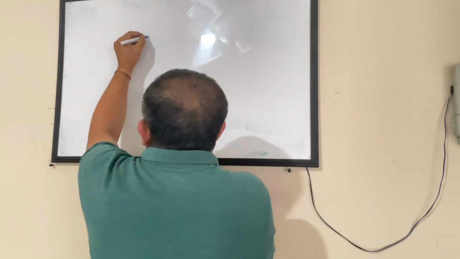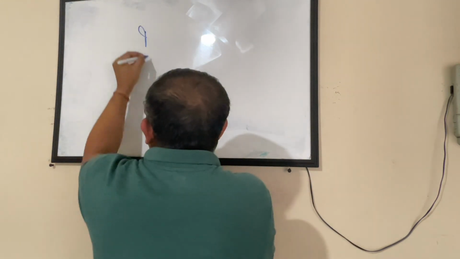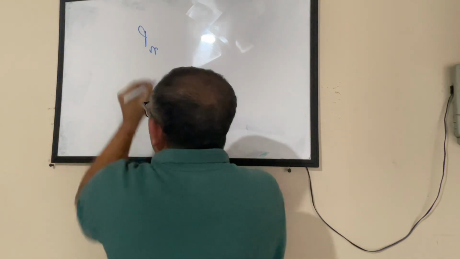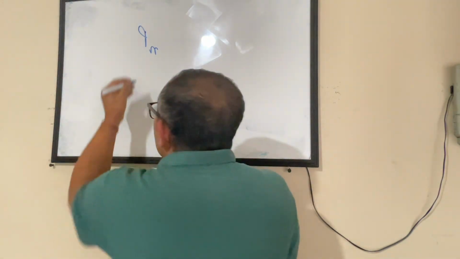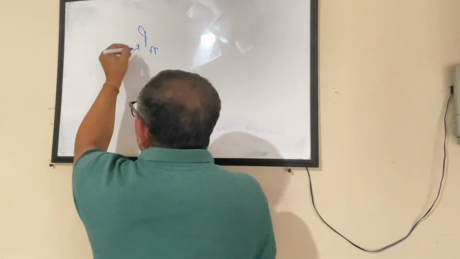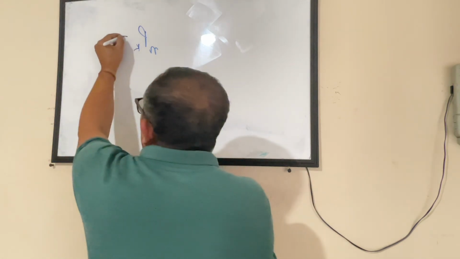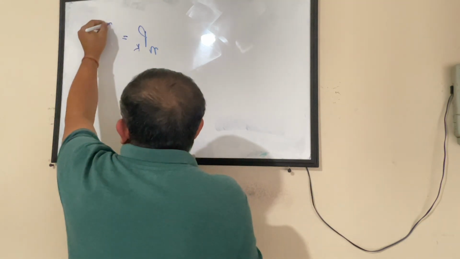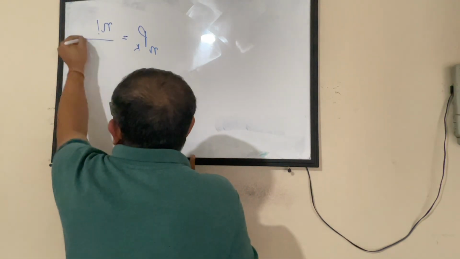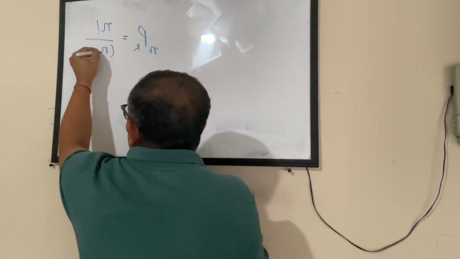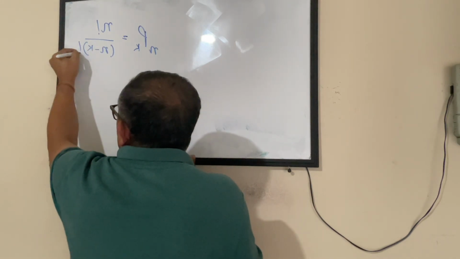The generic formula for permutation would be: I have n options to fill k positions, and my formula for this would be factorial n divided by factorial n minus k.